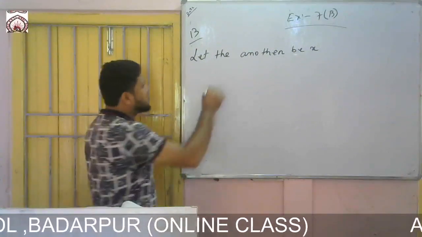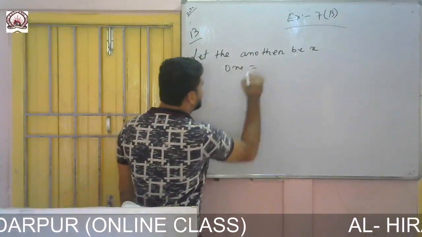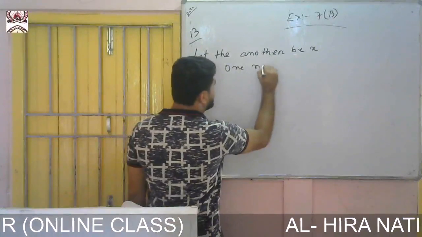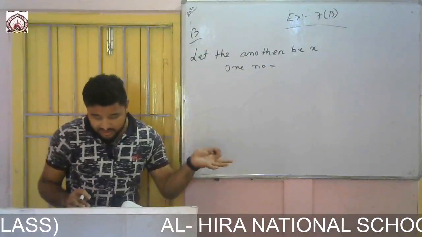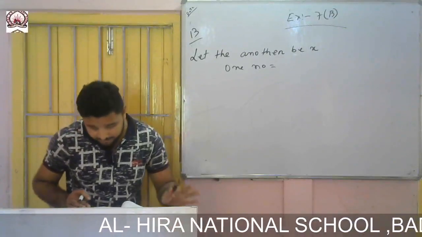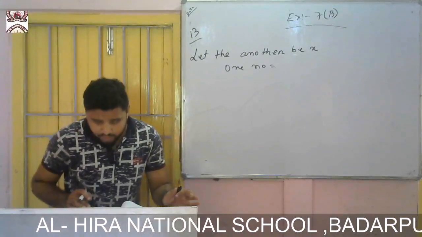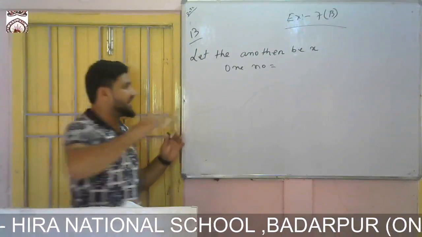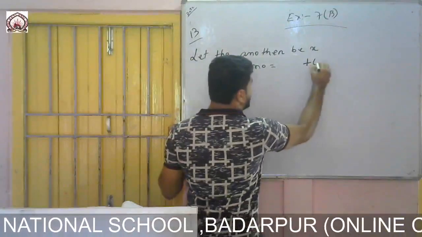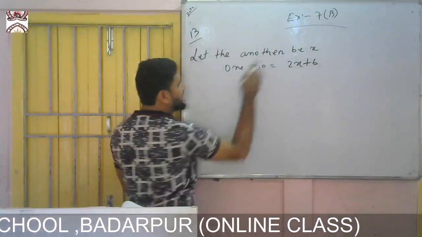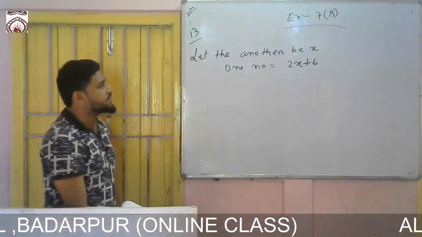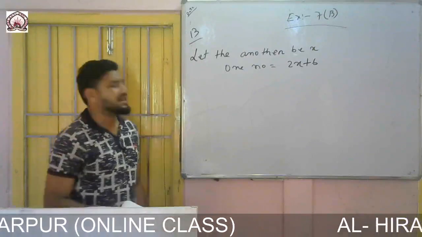And one number is given as 6 more than 2 times another number. 6 more than 2 times of another number. So 2 times of another number. So find the numbers.